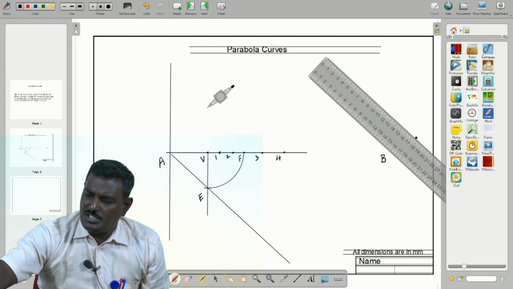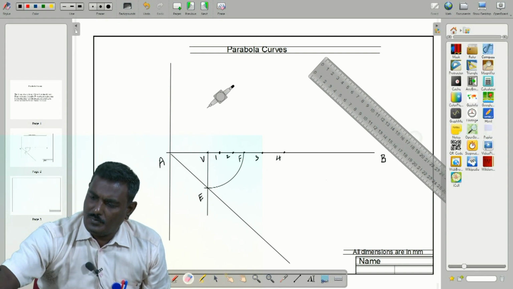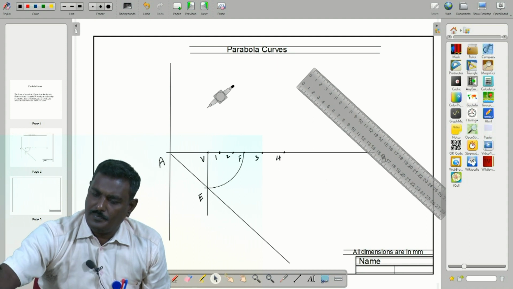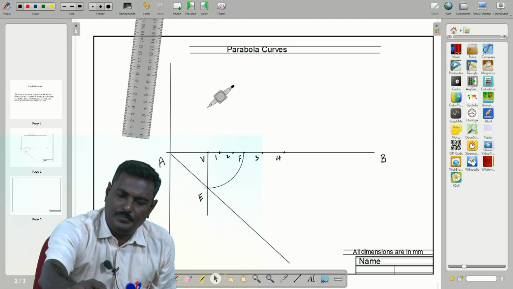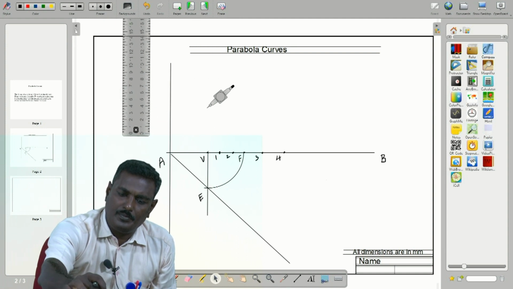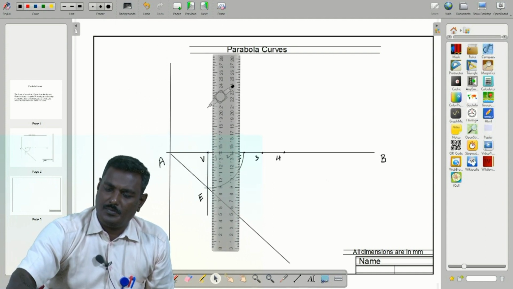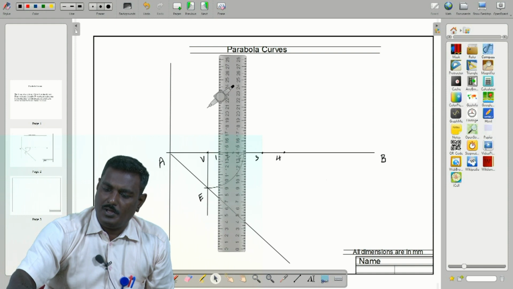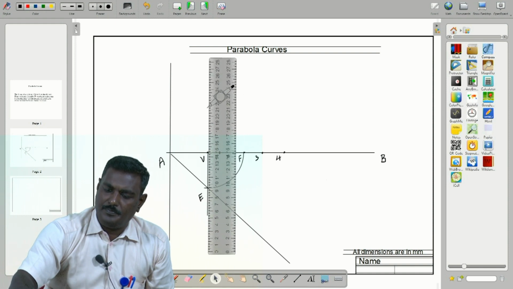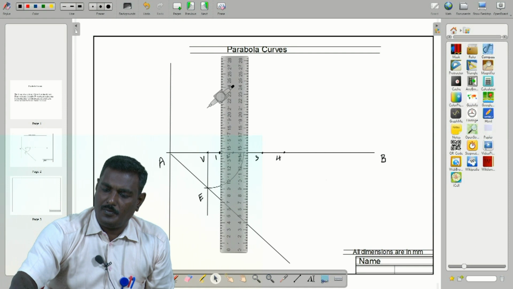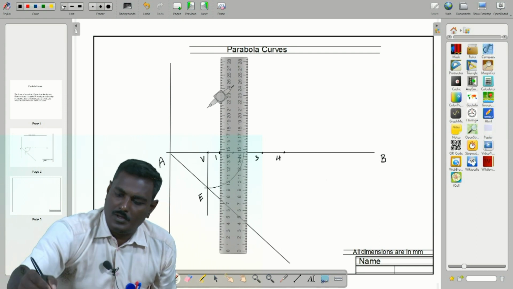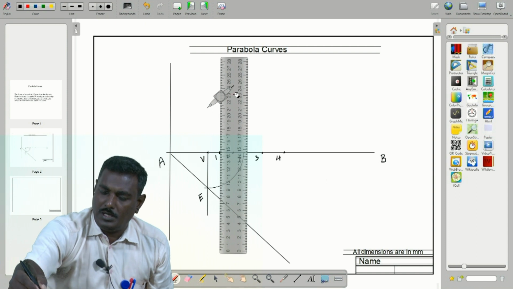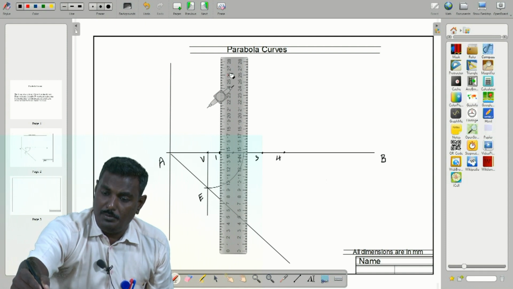Now draw a vertical line. Draw a vertical line from 1, above and below.